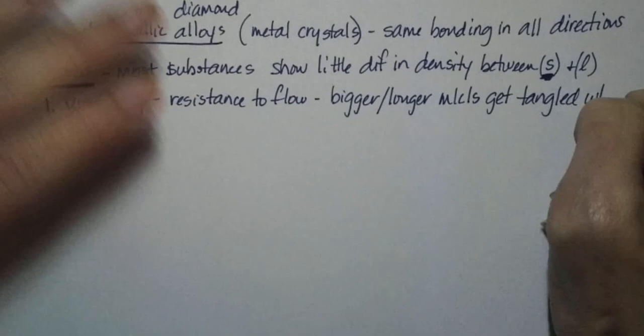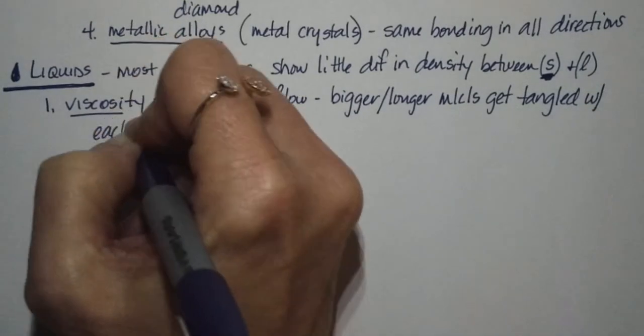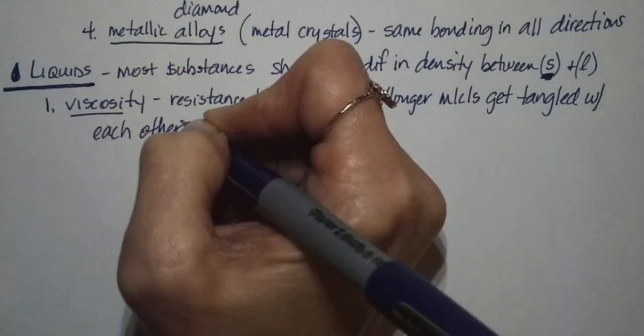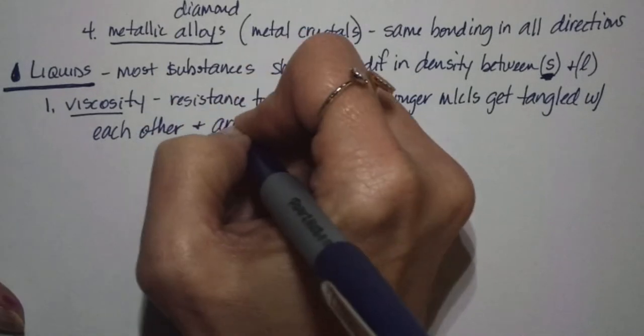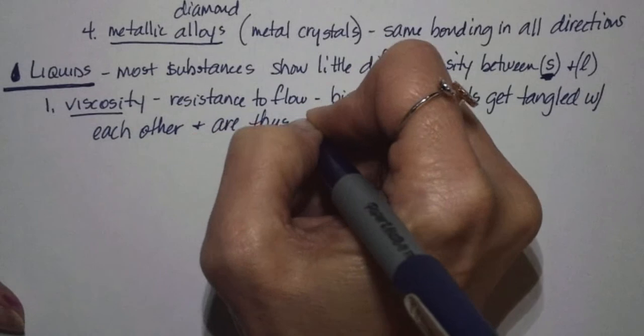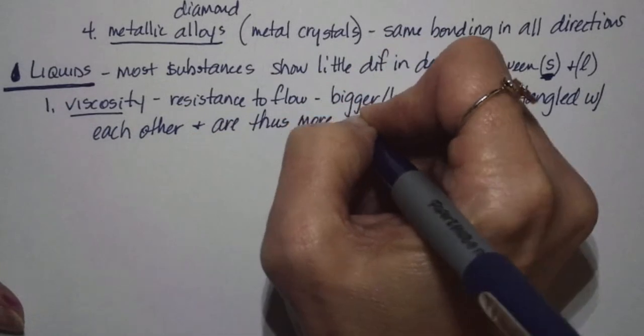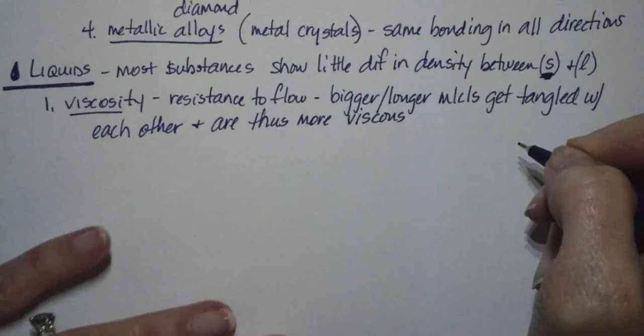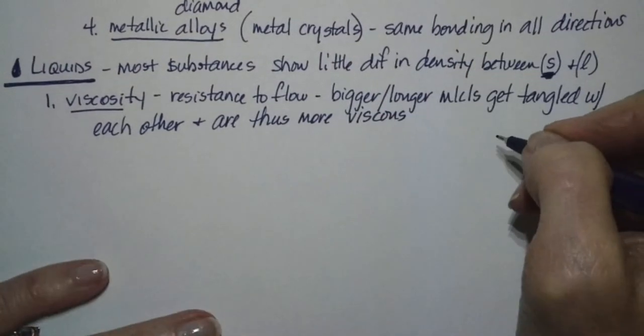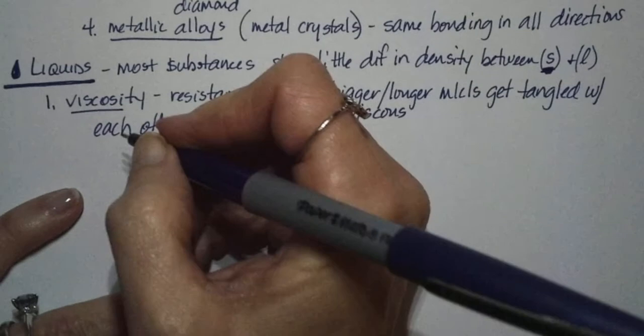Not vicious, viscous. A lot of times we think thick. Now, the other thing that can make it more viscous is more IMFs. That typically means more viscous.